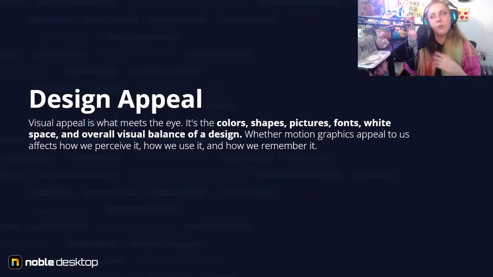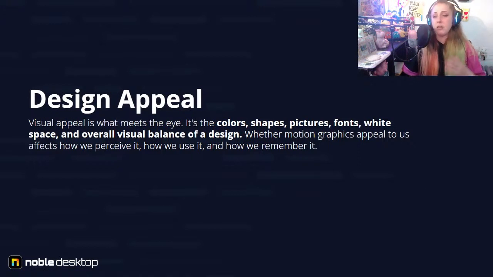So was it the color? No, the color is fine. Could it be the shape? Included in the shape is, again, think about these different actions and movements that we were talking about. Does it feel or look like it's moving in a natural way, or perhaps a natural way but exaggerated? Yes or no? Are the typeface choices working alongside the style that you chose for your motion graphics?